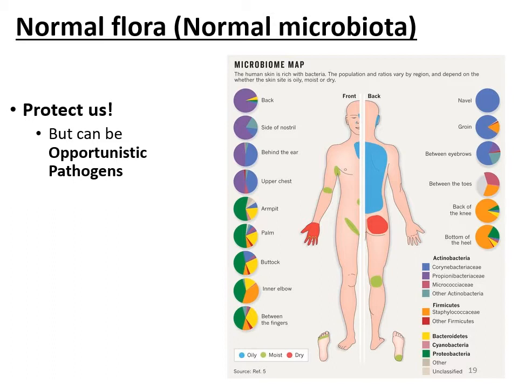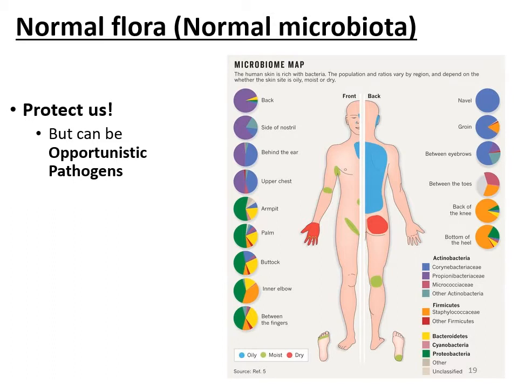Okay, so the two opportunities that I keep reminding you about are if you become immunocompromised or if the microbe ends up in the wrong place, so for instance, E. coli that's supposed to be in your digestive tract, if it suddenly ends up in your genitourinary tract, boom, you have an infection and it becomes pathogenic. Okay, so that's what we mean by normal flora being opportunistic pathogens.